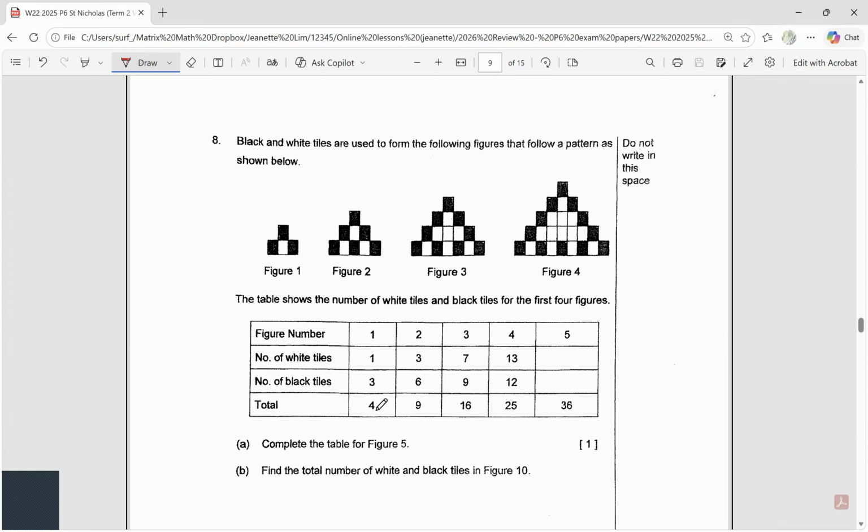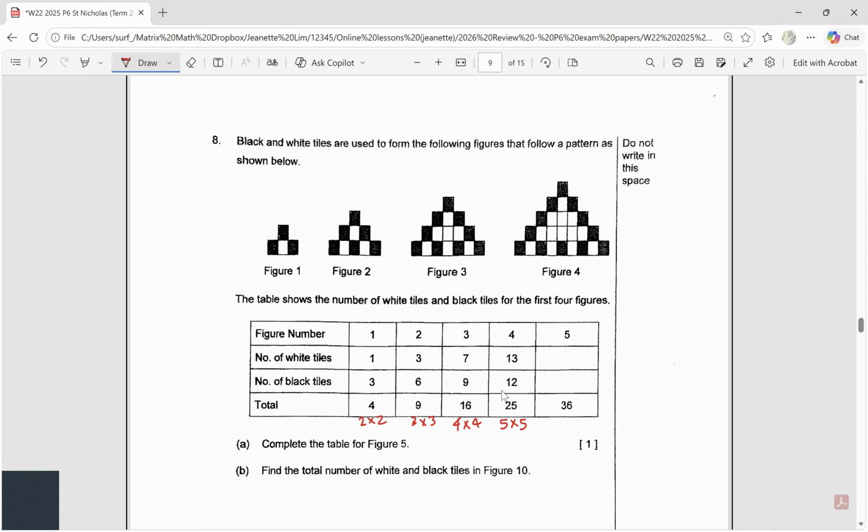If you notice, this is 4, 9, 16, 25. Those are special numbers we call square numbers, because you multiply the number by itself. That's how you get the total.